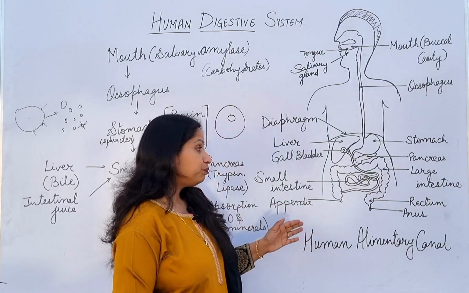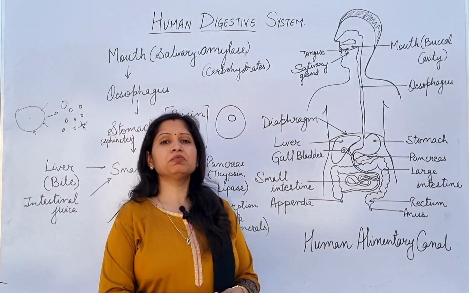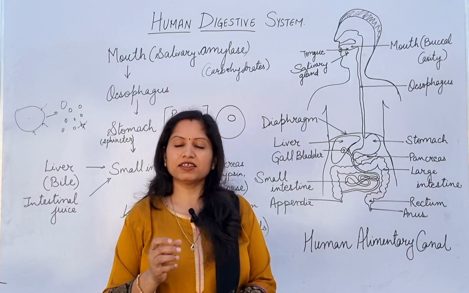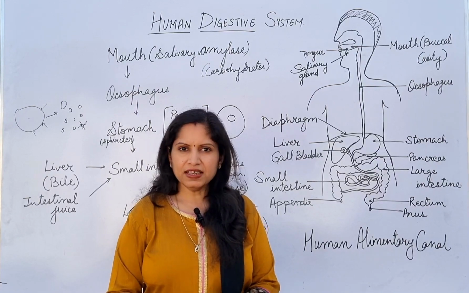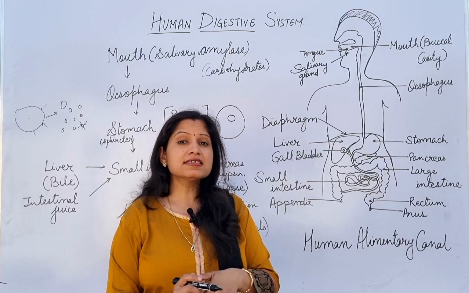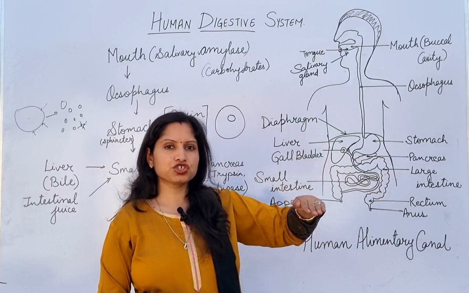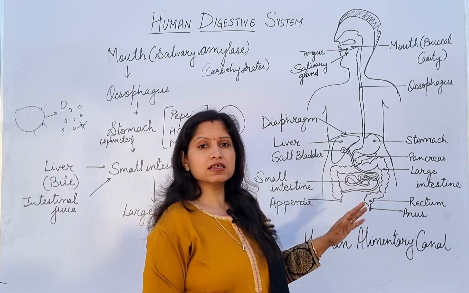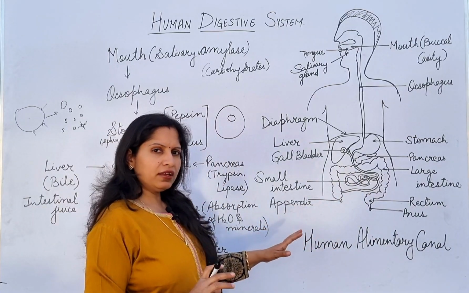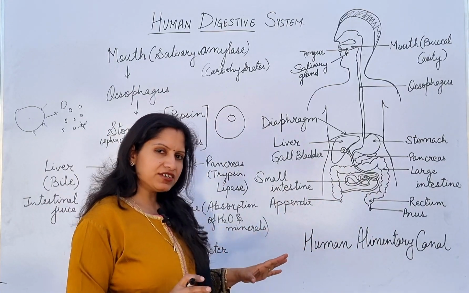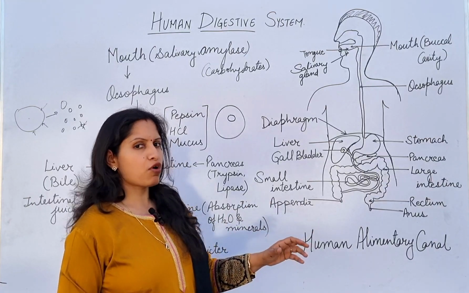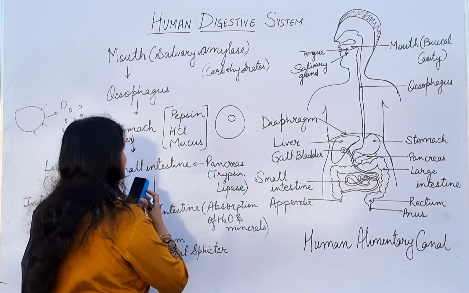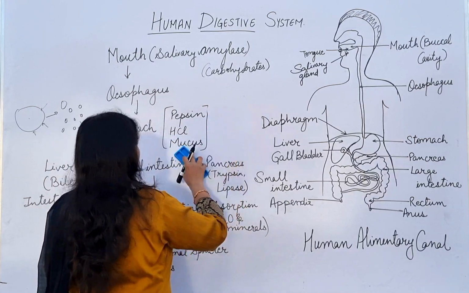Now, this small intestine plays a very important role. You could be asked to explain the role of the small intestine in the process of digestion. So you will say that in the small intestine there is complete digestion of food. Every food item will be completely digested in the small intestine.